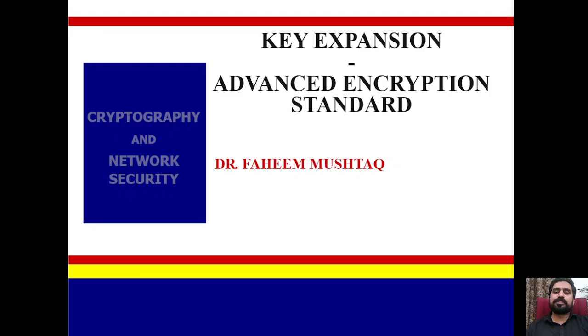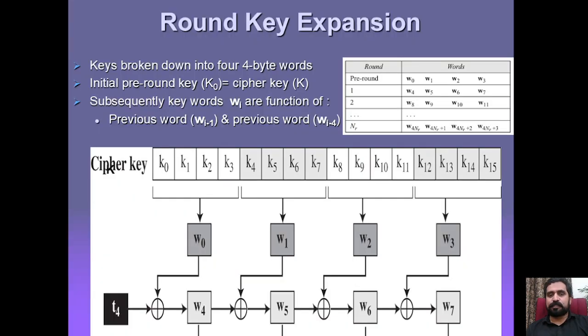This enhances the security of the AES algorithm by introducing variability and complexity into the encryption algorithm. It is a critical component that contributes to its strength and resistance against various cryptographic attacks. This is the basic introduction of key expansion.